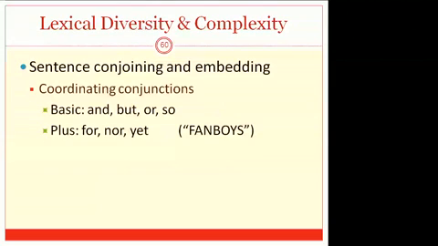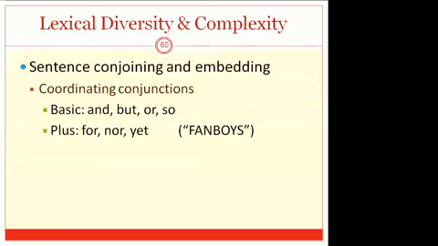Children begin to use these coordinating conjunctions early. However, those are not all of the coordinating conjunctions in English. There are also the coordinating conjunctions for, nor, and yet. However, those are a little bit more advanced, and those specific words give us a little bit more insight into the child's use of vocabulary items.